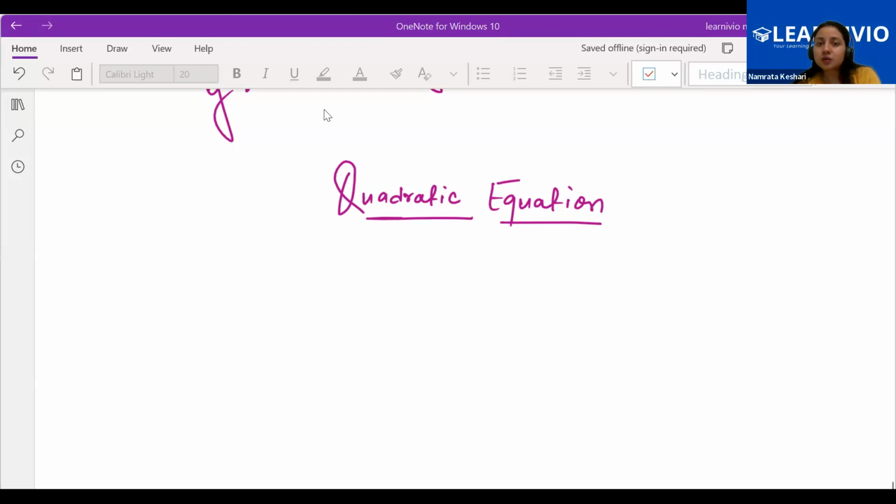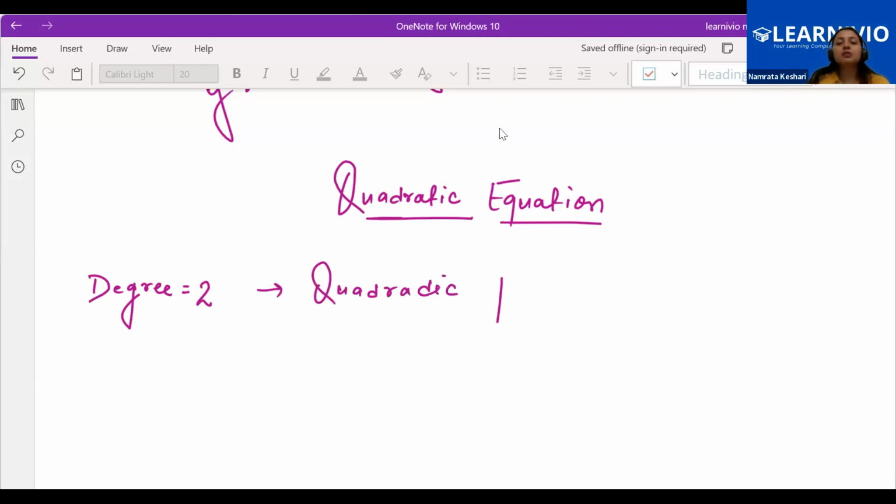Then it was called quadratic polynomial. The degree is 2. When the degree of the polynomial is 2, it's called a quadratic polynomial. We have learned that.